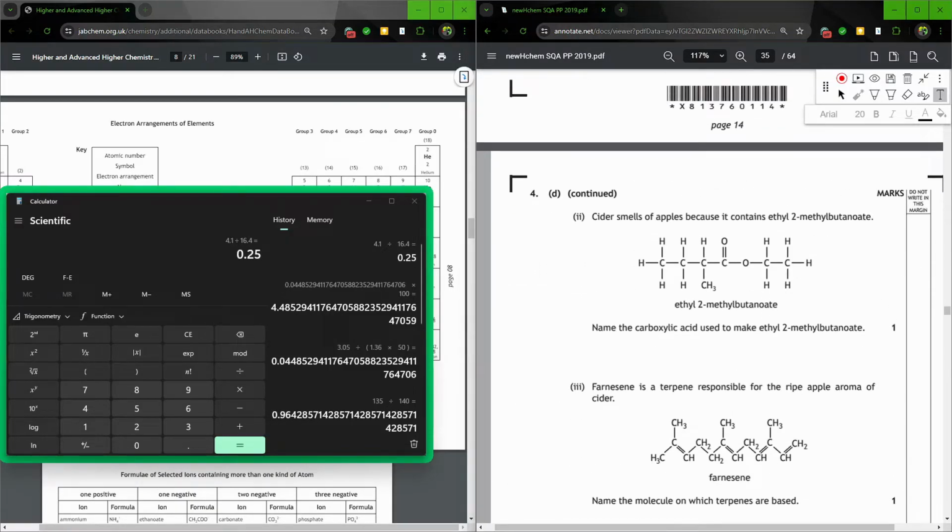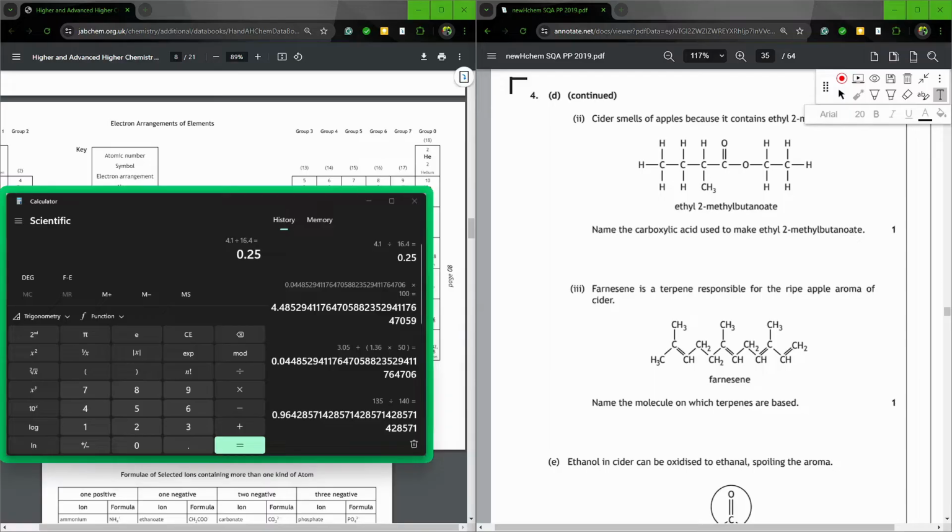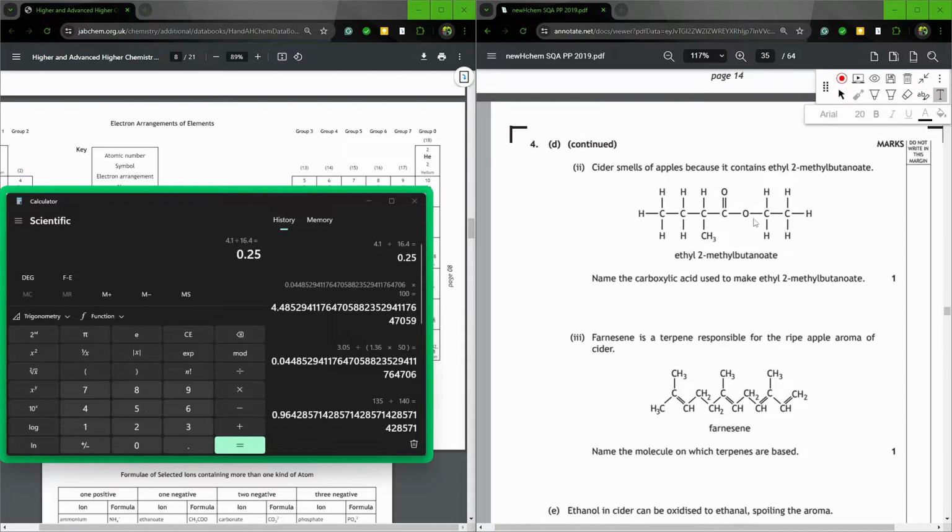Cider smells of apples because it contains ethyl 2-methylbutanoate. Sorry, I was just double checking my answer to the last question. I do get kind of paranoid myself. The carboxylic acid used to make ethyl 2-methylbutanoate is what?